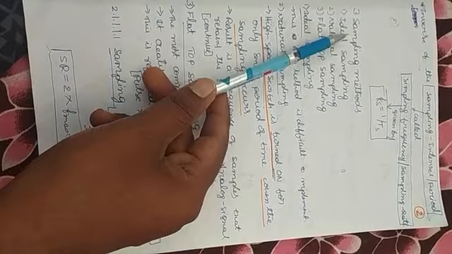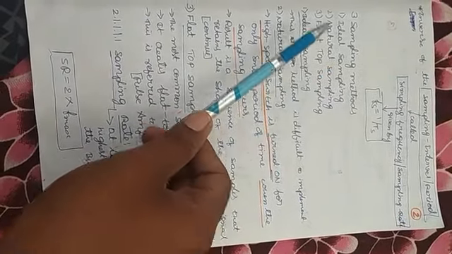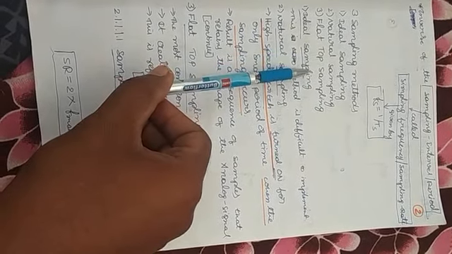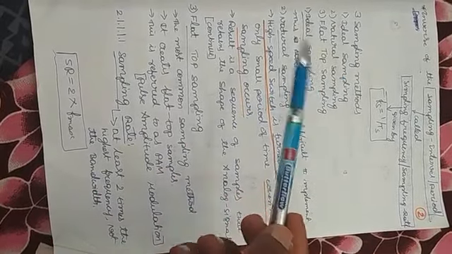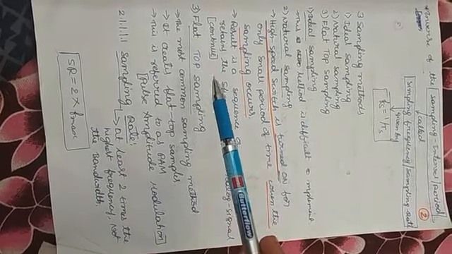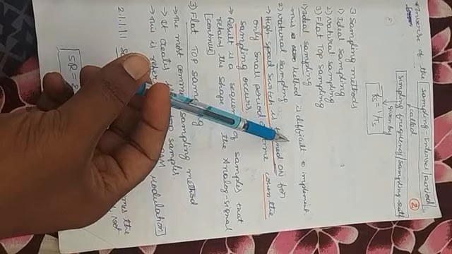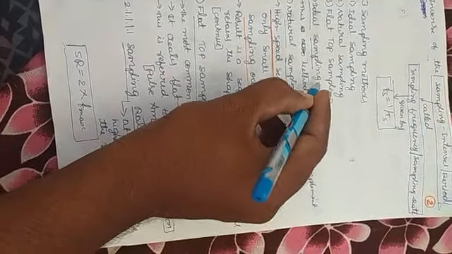Next, there are three sampling methods. First one is ideal sampling, then natural sampling and flat top sampling. Out of these three we are going to use only flat top sampling. Ideal sampling is difficult to implement, so we are not going to use this one.